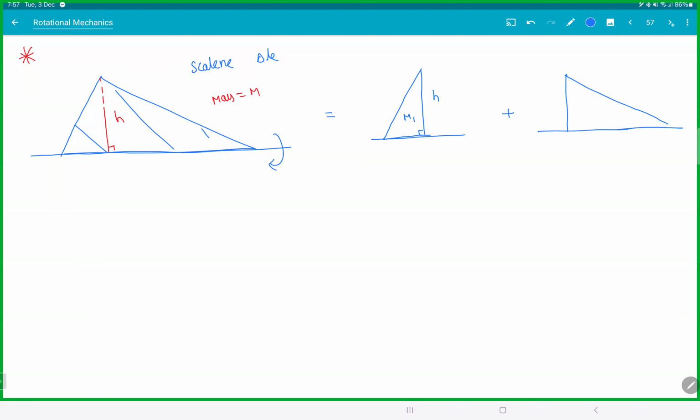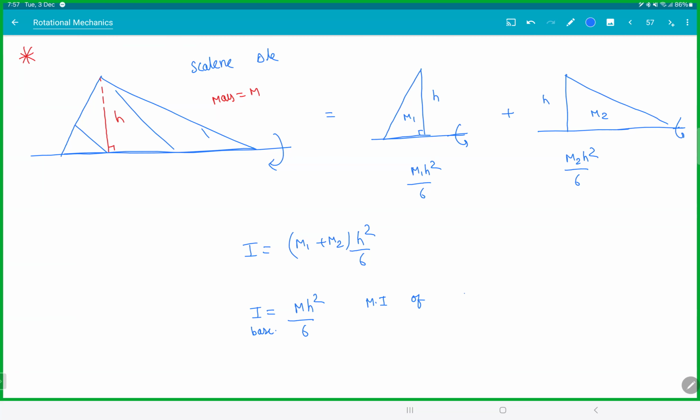So a scalene triangle can be split into two pieces, unequal masses, height h. This moment of inertia is m1 h square by 6. Just now we proved it for the right angle triangle. This is m2 h square by 6. So I will be (m1 plus m2) h square by 6. But m1 plus m2 is the total mass. So this result is actually valid for any triangle. Remember, this is I about the base. So the moment of inertia for a scalene triangle about the base is mh square by 6, independent of b.